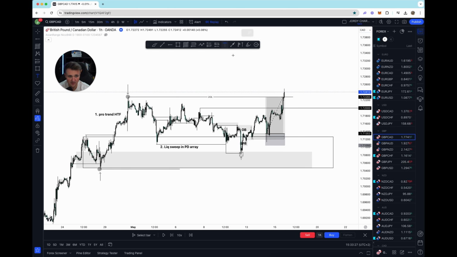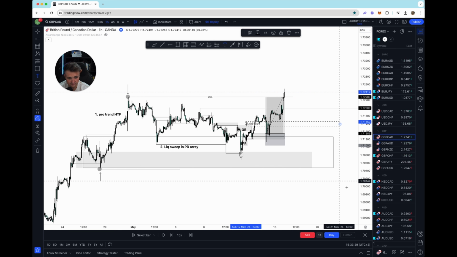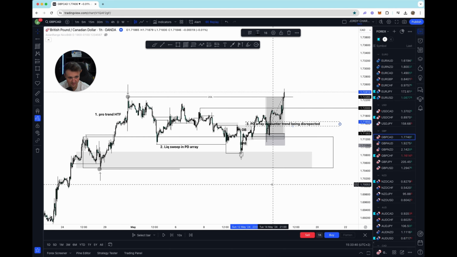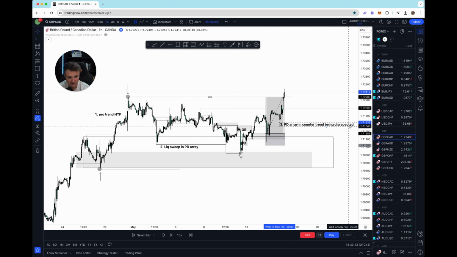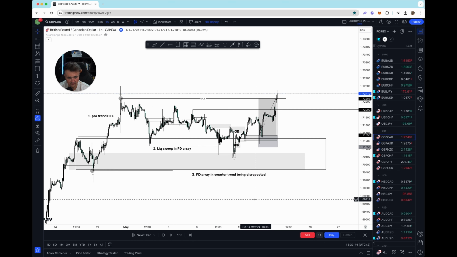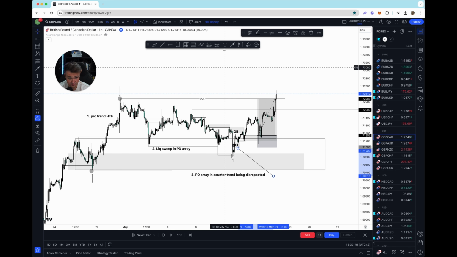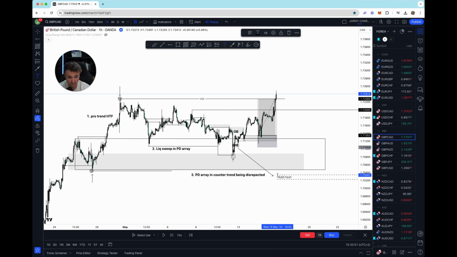Then we have our third point right here, PD array in counter trend being disrespected. No respect for that PD array. And then we had some bonus. Here we had the balanced price range. So this is a bonus one, if you want. BPR, strong reversal bonus. We have this one.